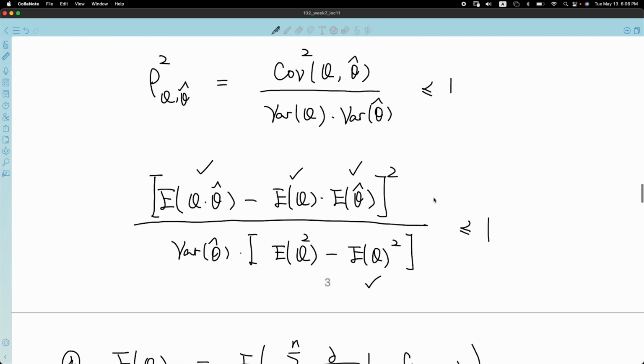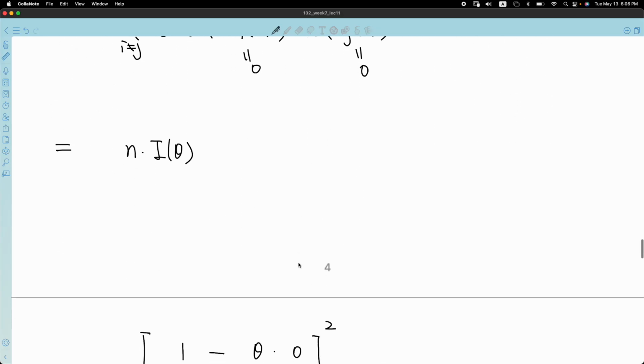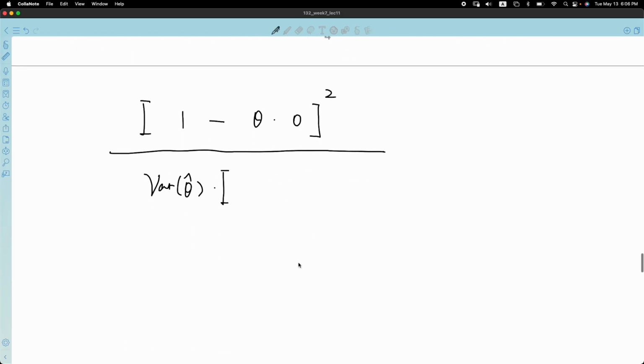So the next term here is the expectation of Q square, the second moment. And the second moment we found is n copies of the Fisher information, so we have n multiplied by the Fisher information.